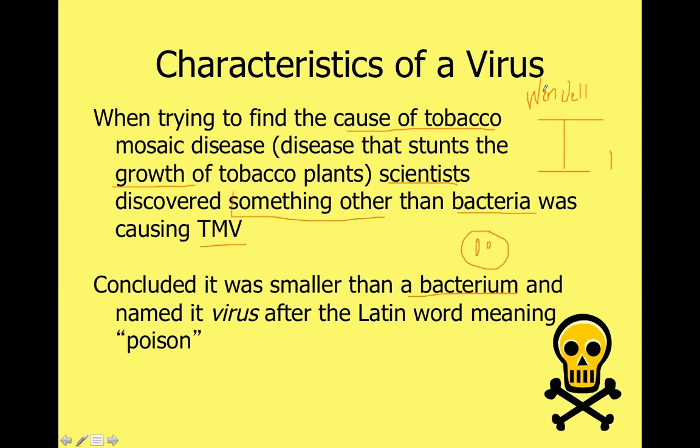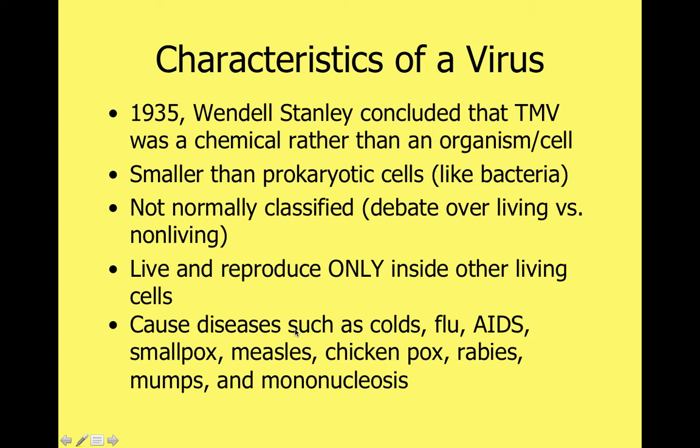Stanley Wendell decided to call it a virus, meaning poison. In 1935, he concluded that it was a chemical rather than an organism, smaller than prokaryotic cells, which are bacteria. That's how we found out that it was a virus.